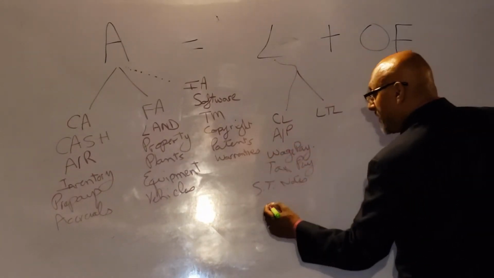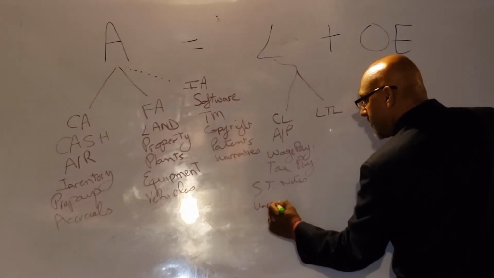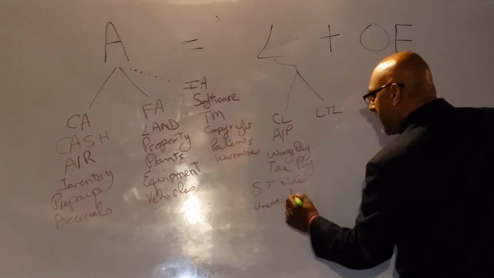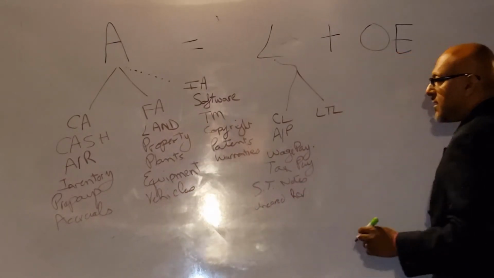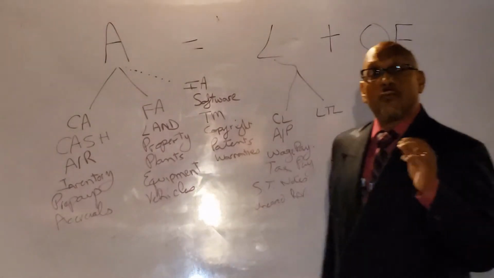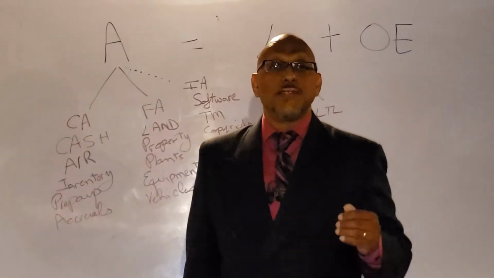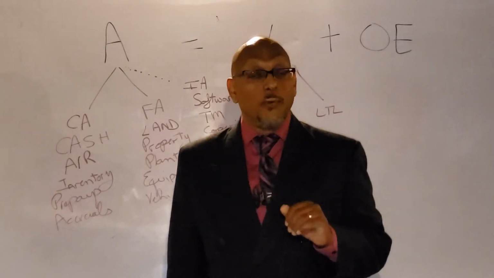Another current liability we can think about is what's called unearned revenue. Unearned revenue is where you are going to provide a service, but you were already paid for it.